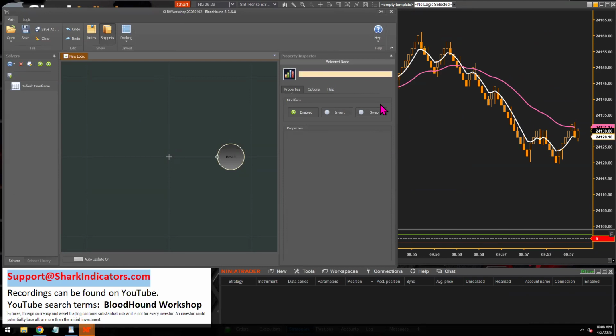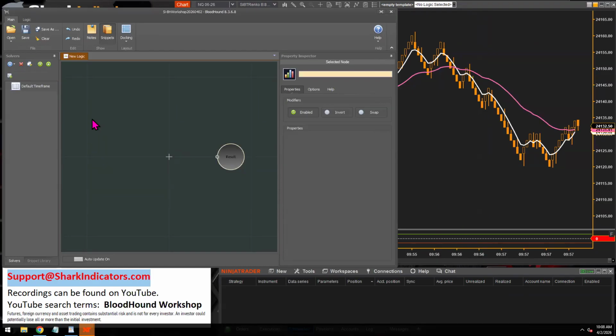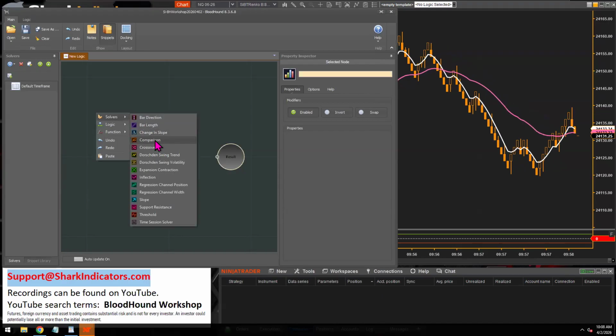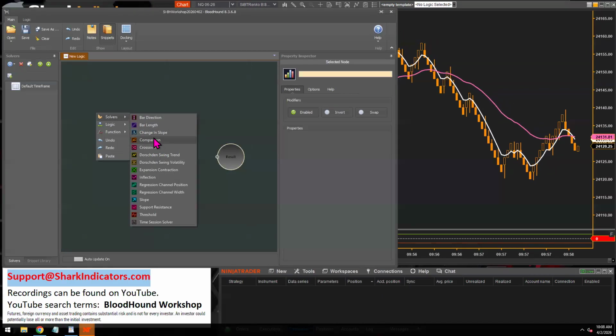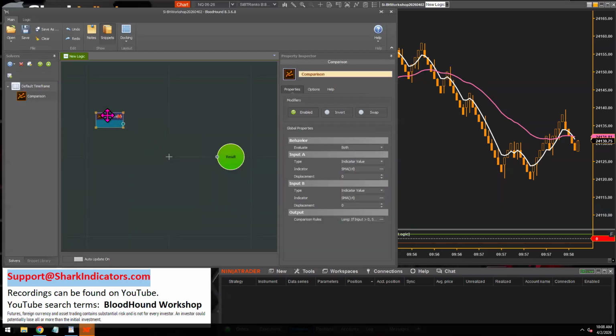So how do we determine if one moving average is above or below the other one? That is the comparison solver. That's really all it does: it checks to see if one data point is above or below another data point.